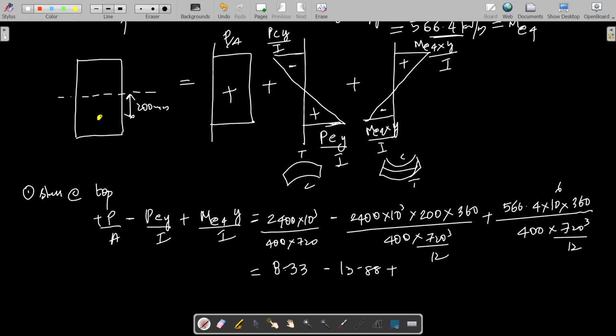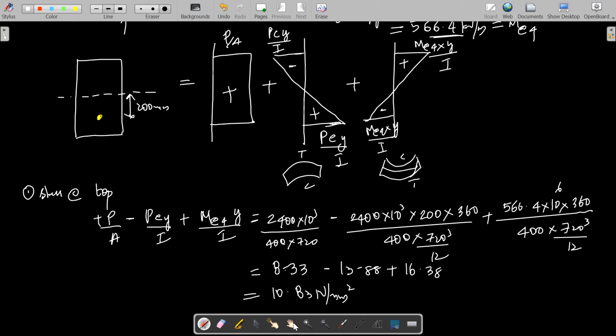So that you will get as 566.4 into 10 raised, that is you will get this value as 16.38. So I can write it as 10.83 Newton per mm square. This is the stress at the top.